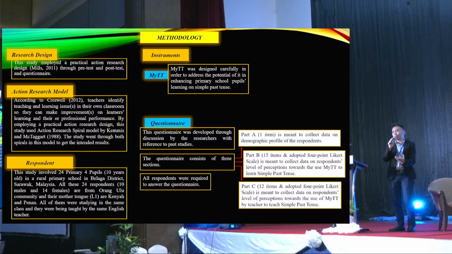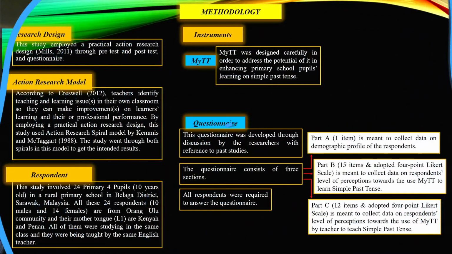The first time I came there, they were like, wow. They don't understand. But there are a few of them very good in English. I'm so surprised they can answer my question. All of them were studying in the same class, and they were being taught by the same English teacher, which is me.